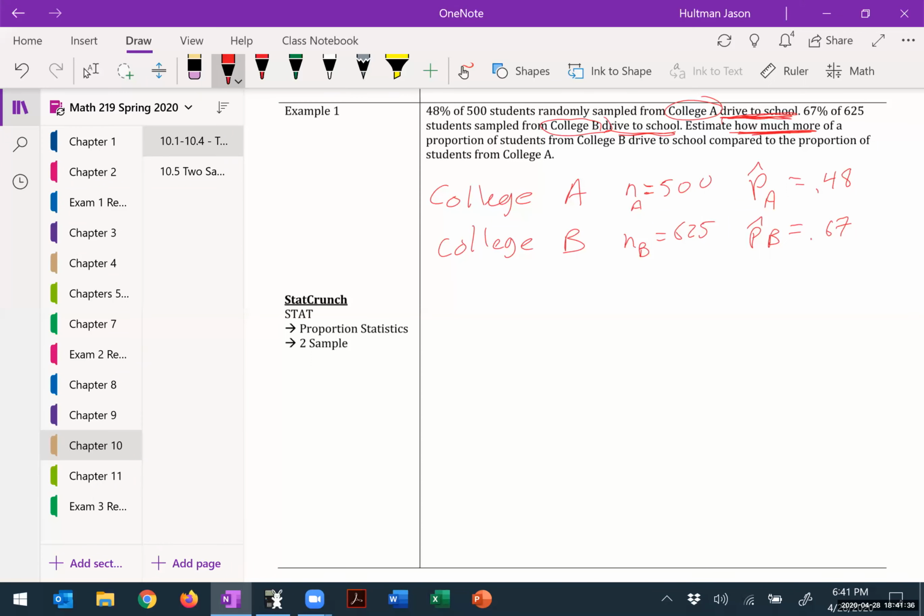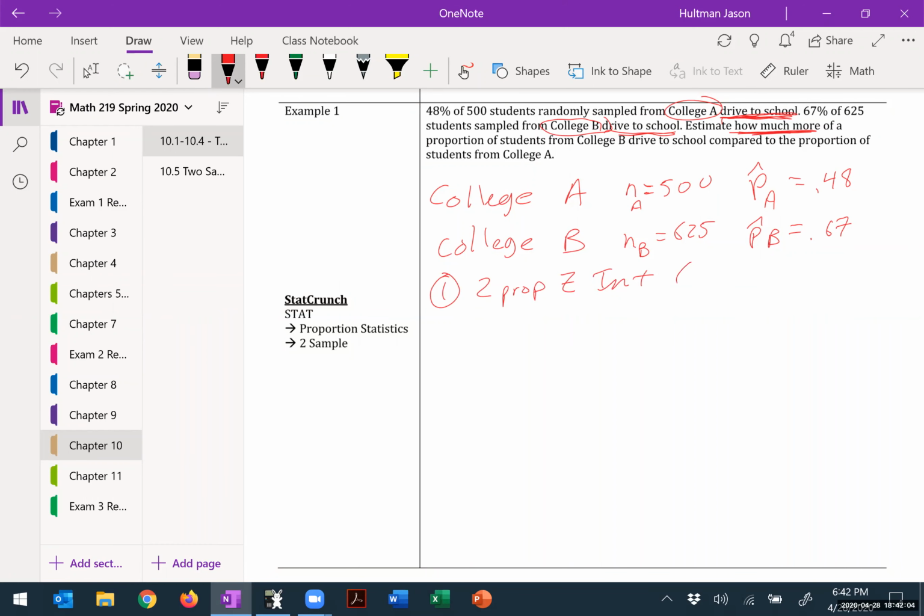So what are we asking here? We want to find an interval because it's asking how much more. We want to find a comparative value. So this is a 2 proportion Z interval.